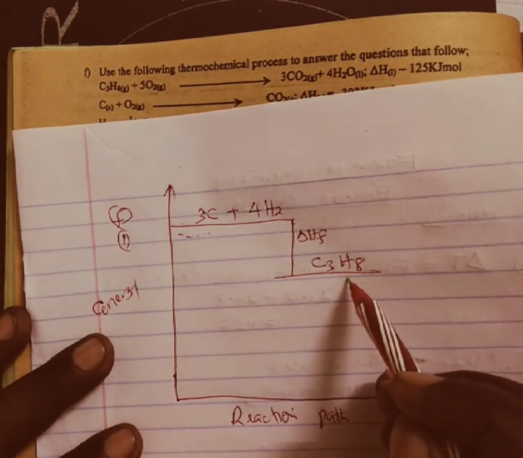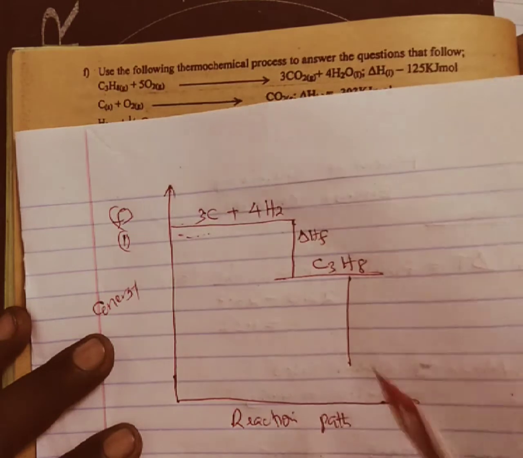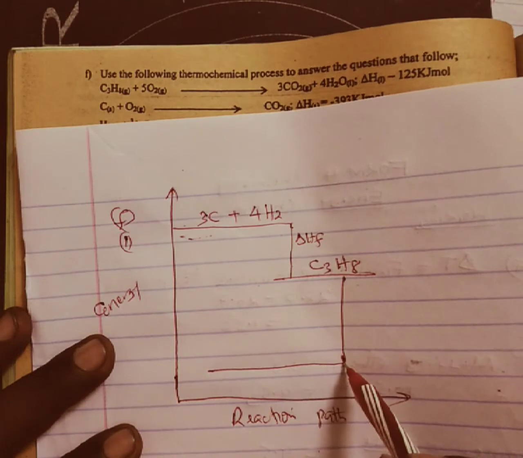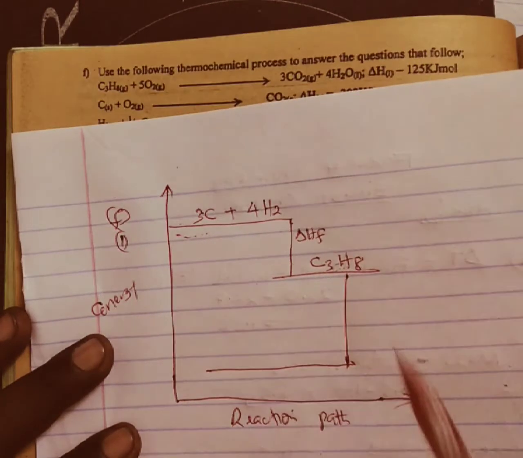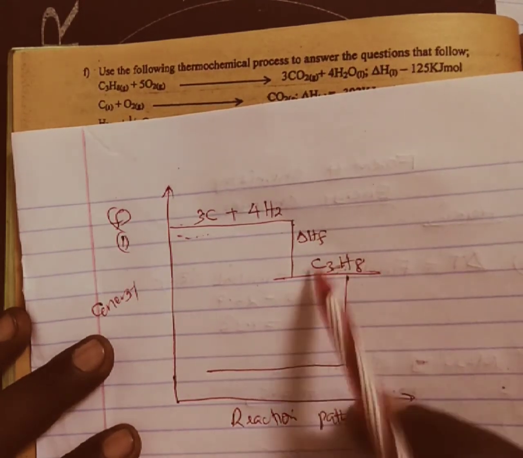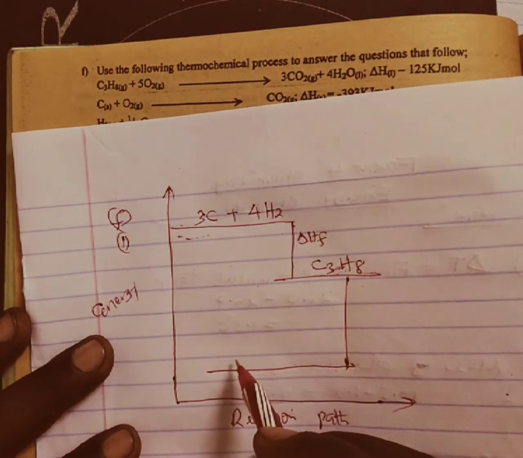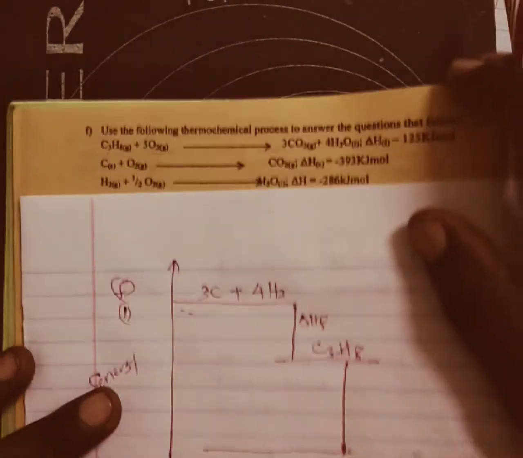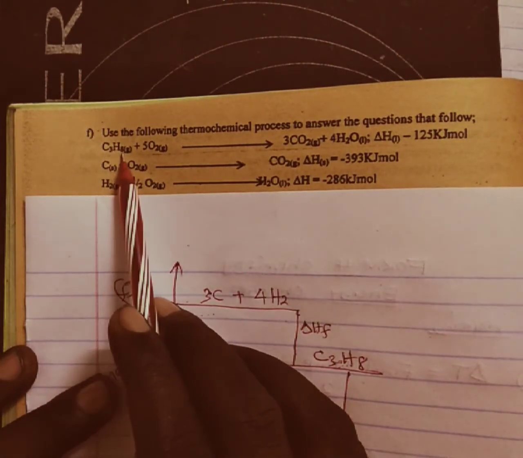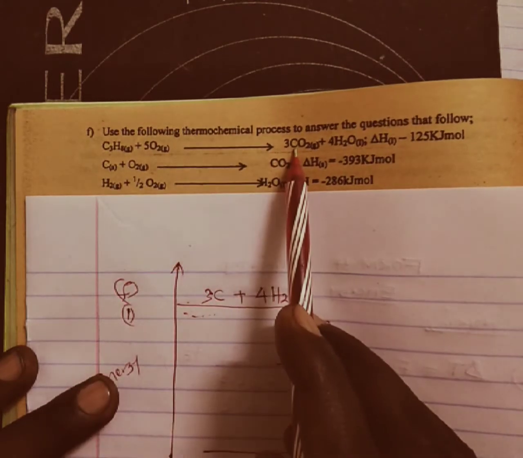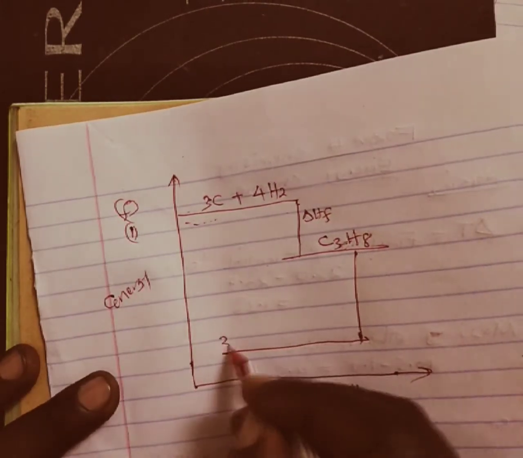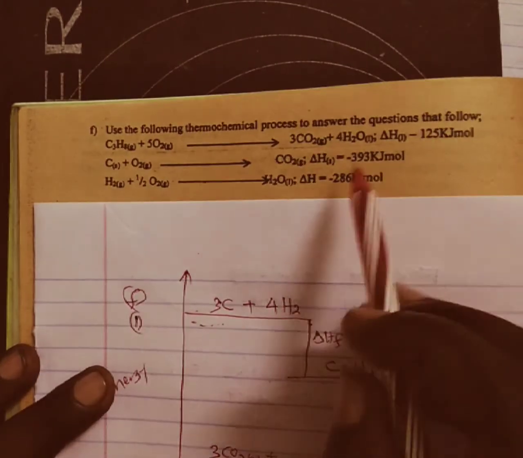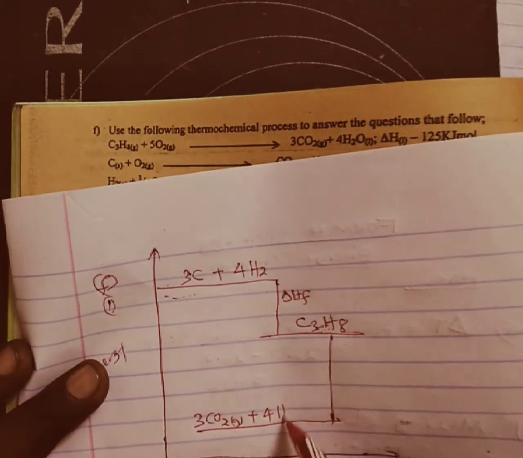Then from there now, you can burn propane. Any time you burn a hydrocarbon or an organic compound, it will give us carbon dioxide and water. And we have been given, if you burn propane in air, it will give you 3 moles of carbon dioxide, which is a gas, plus 4 moles of water.